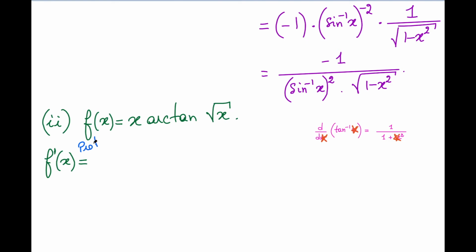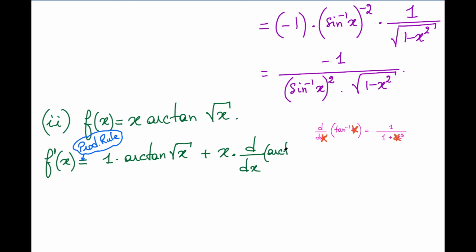So product rule, to get the derivative of x, which is 1, times the second function arctan of square root of x, plus x times the derivative with respect to x of arctan, which is tan inverse. Let me just stick with tan inverse here. Tan inverse of square root of x. Okay.